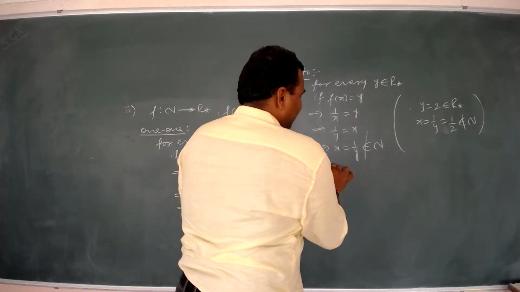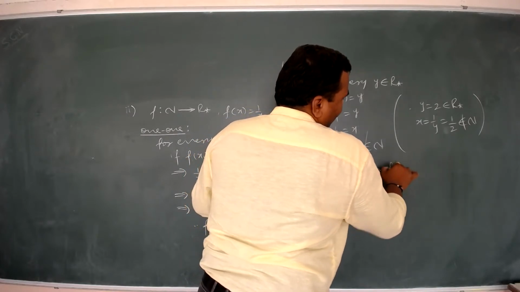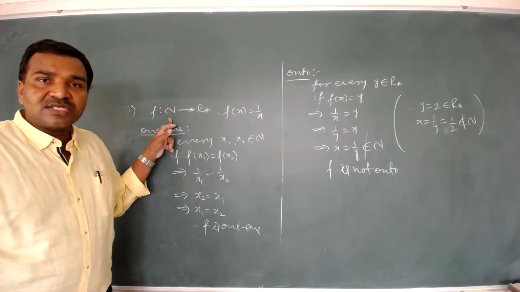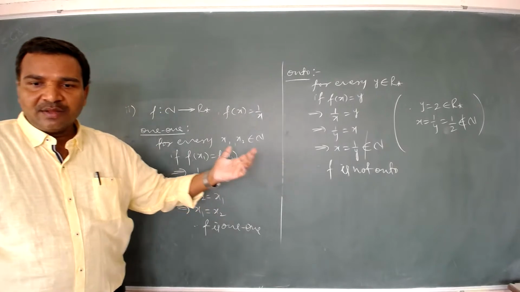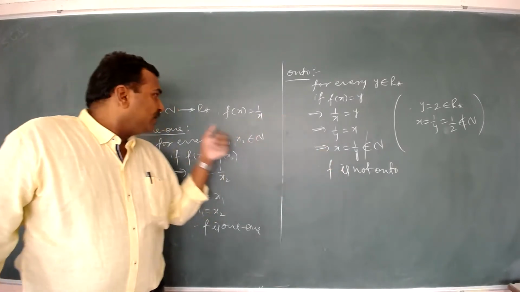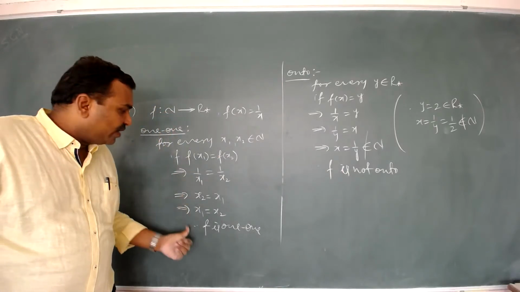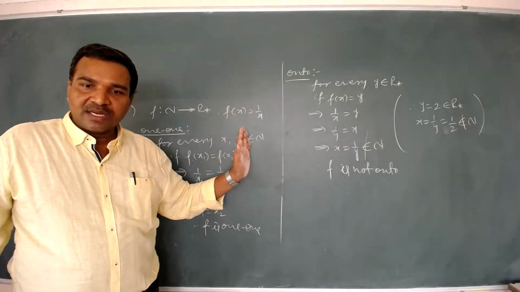Therefore, it is not onto. What is the conclusion now? By replacing domain R star with N, the result also changes. Correct? Because before, the problem was both 1-1 and onto. By replacing domain R star with N, it is 1-1 but not onto. So the results are not the same. Clear?